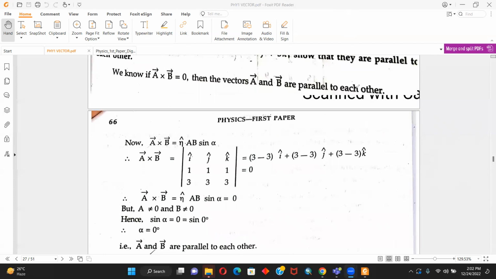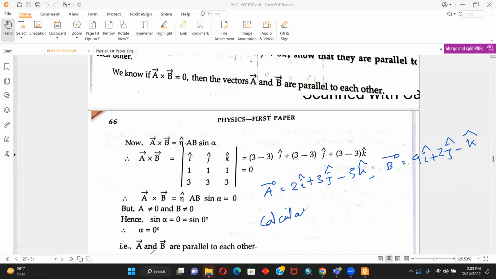Say A vector equals 2i plus 3j minus 5k and B vector equals 4i plus 2j minus k. Calculate the angle between the vectors. Is the question clear?